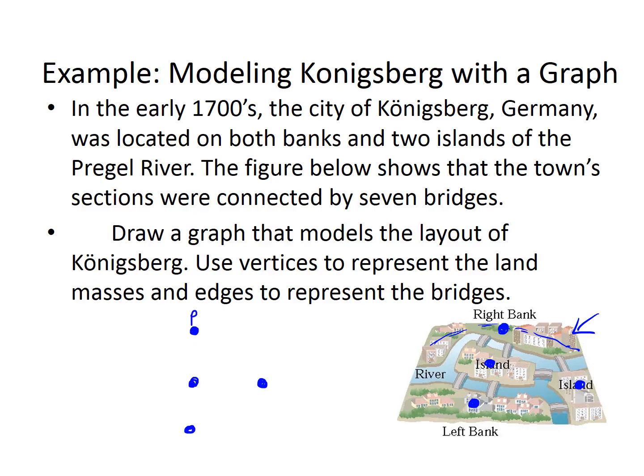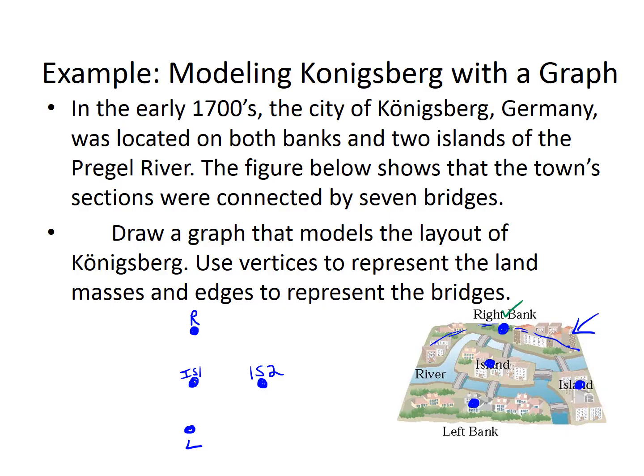So maybe we want to label right bank, left bank, island 1, island 2, something like that, right? And basically we want to put an edge in if there is a bridge from one landmass to another. Well, let's start with the right bank up here.